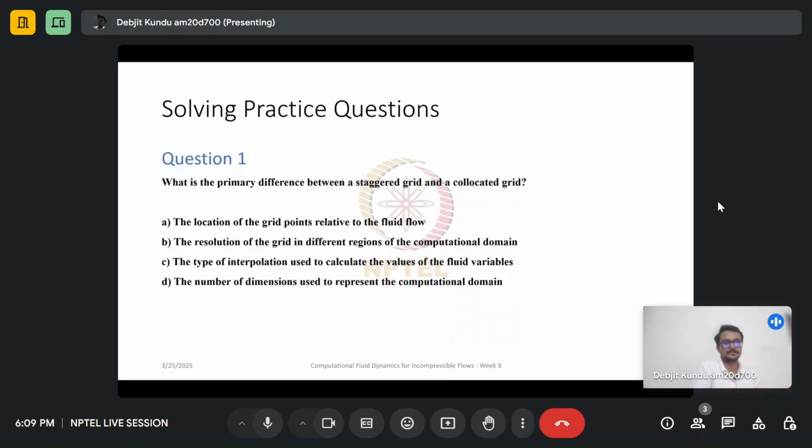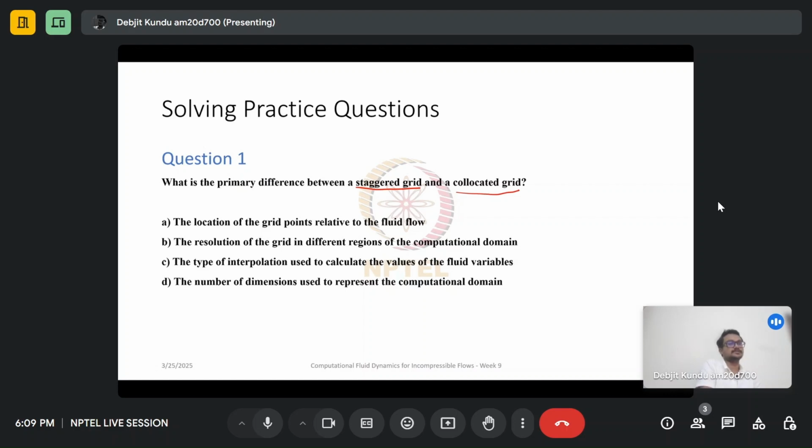So, the first question asks us what is the primary difference between a staggered grid and a co-located grid? Is it option A, the location of the grid points relative to the fluid flow? Is it option B, the resolution of the grid in different regions of the computational domain?